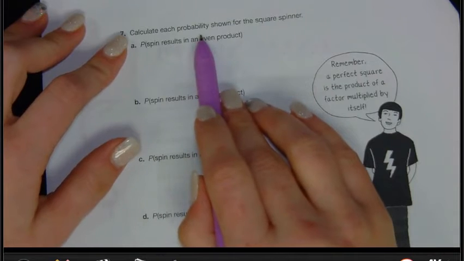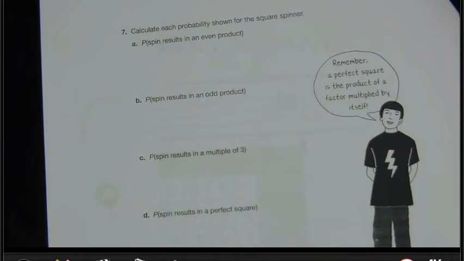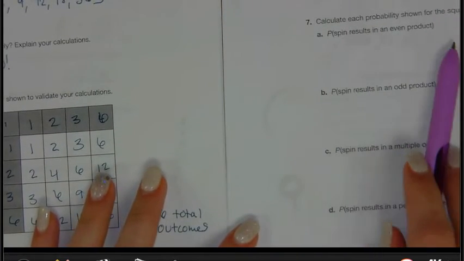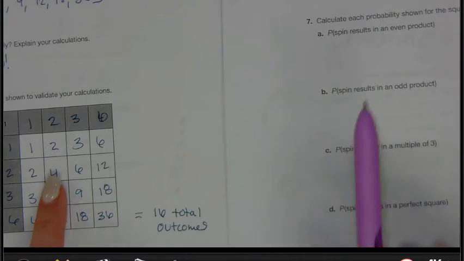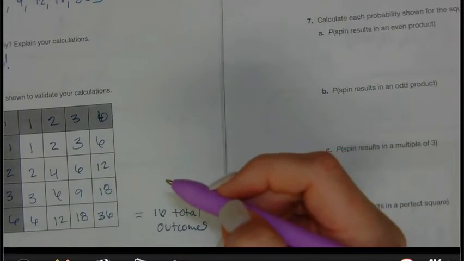Calculate each probability shown for the square spinner. So what's the probability that my spin results in an even product? Okay, so even, I need all of my 2's.